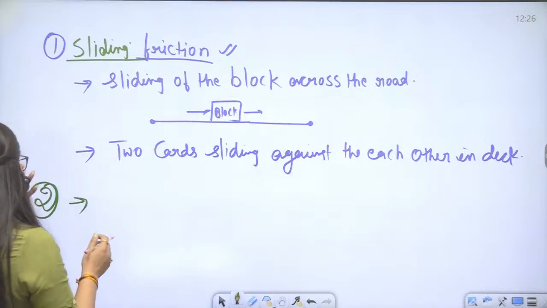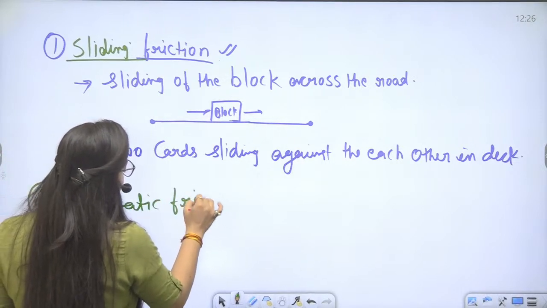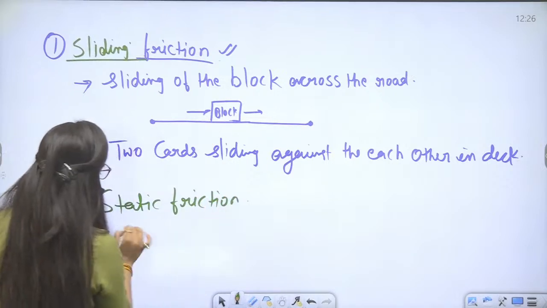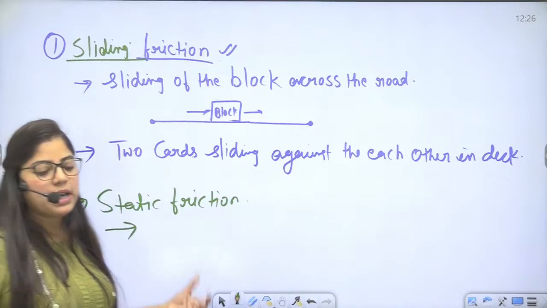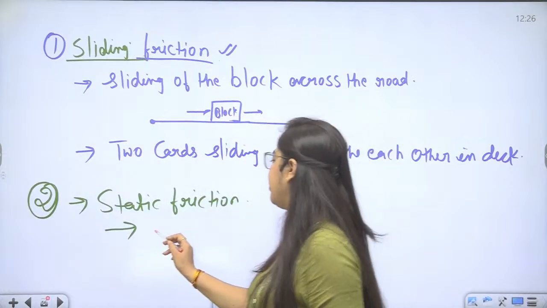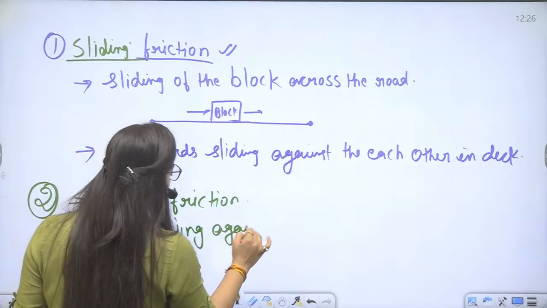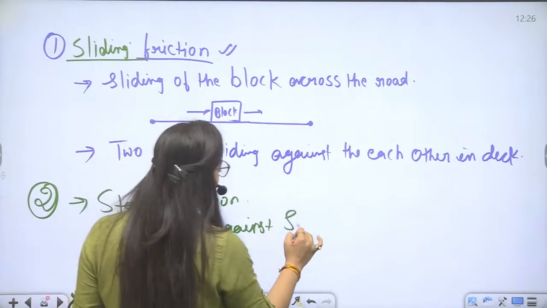Right? Now, what are the examples of static friction? Some examples are skiing against the snow.